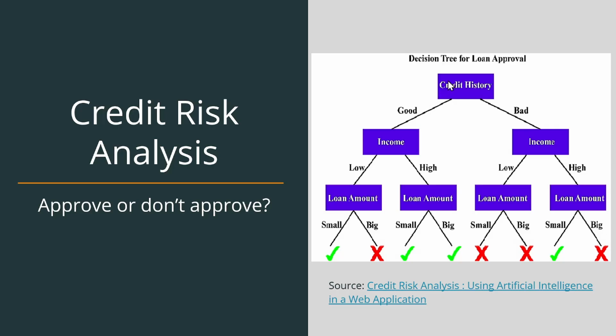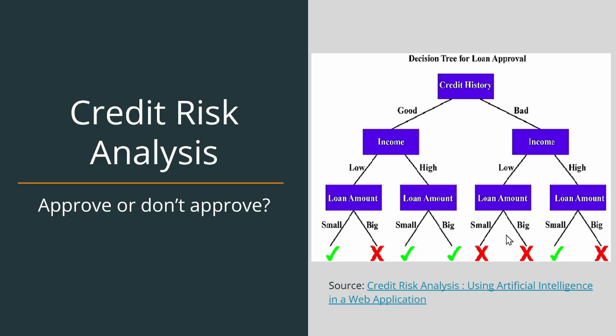Like you've got to have a good credit history. Maybe your income has to be a certain amount. Maybe the length of your credit history has to be a certain time. So yeah, these are all features that are implemented in a decision tree. And if you were to meet certain criteria, then you'd be approved for certain amounts of credit.